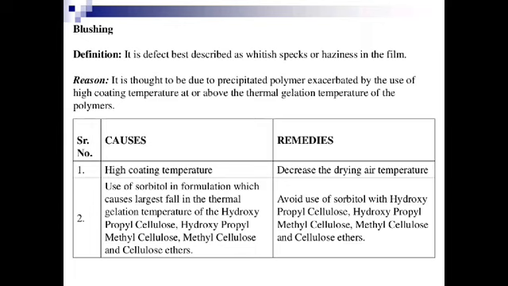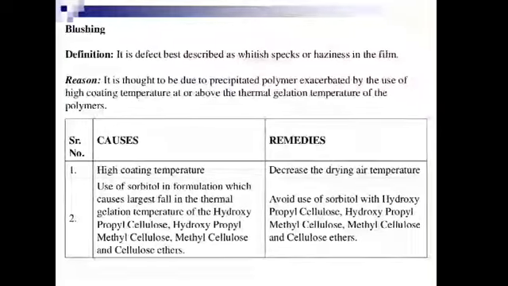Then blushing is a defect best described as whitish specks or haziness of the tablet film. It is especially seen with cellulosic polymers. You can use sorbitol in the formulation so the gelation temperature decreases, and also the coating temperature should be proper.